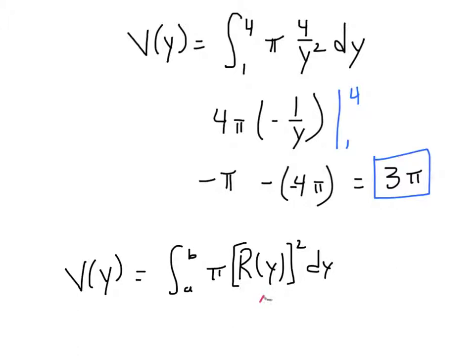And remember, the way we figure out that radius when we're working along the y-axis is right minus left. Make sure you make a note of that to remind you. Working with the y-axis is not easy. I get that. We're not used to it. But it's really no different than working with the x-axis once you get used to it.